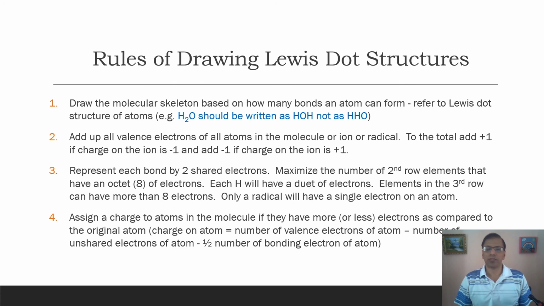Then we need to assign the charge on each atom, if the number of electrons on the atom is more or less than the number of electrons in the original atom.